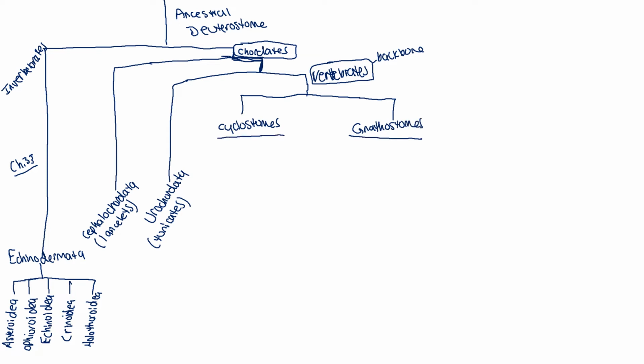The G is silent. Stoma means kind of the mouth or the jaw area. Cyclostomes have a circular mouth. They don't really have a jaw. The gnathostomes do not have a circular mouth, but they do have a jaw.